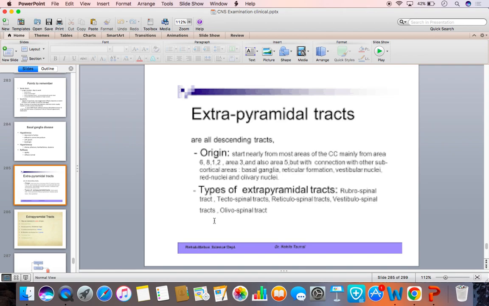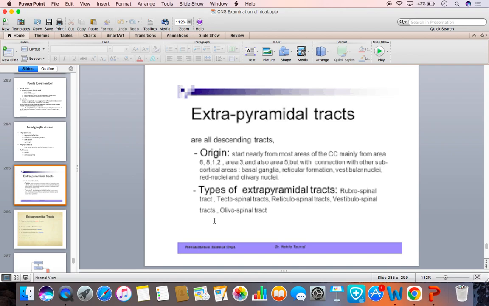Coming to a note on the extrapyramidal tracts. These are all descending tracts. They originate at the cerebral cortex, mainly areas 6, 8, 1, 2, 3, and also area 5.